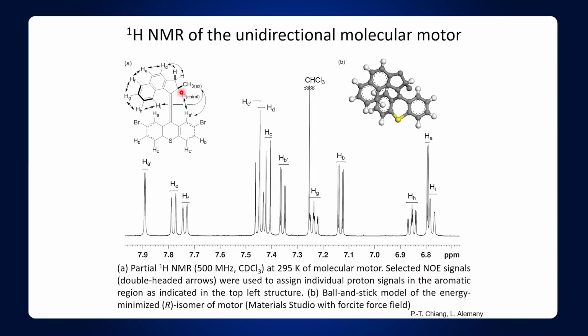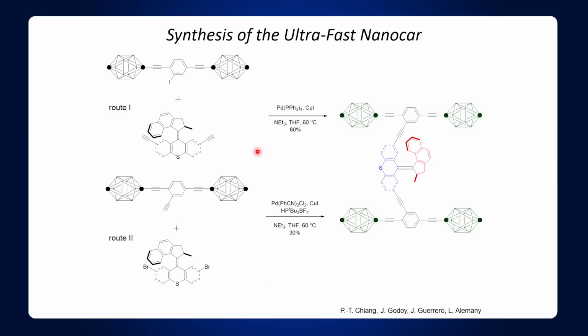And through that, you can tell by the closeness in space, by the strength of this NOE effect, you can tell the arrangement here. So we can characterize it by NMR, and here there are two different routes by which we could go, but we got the motorized nanocars, the fast motorized nanocars.